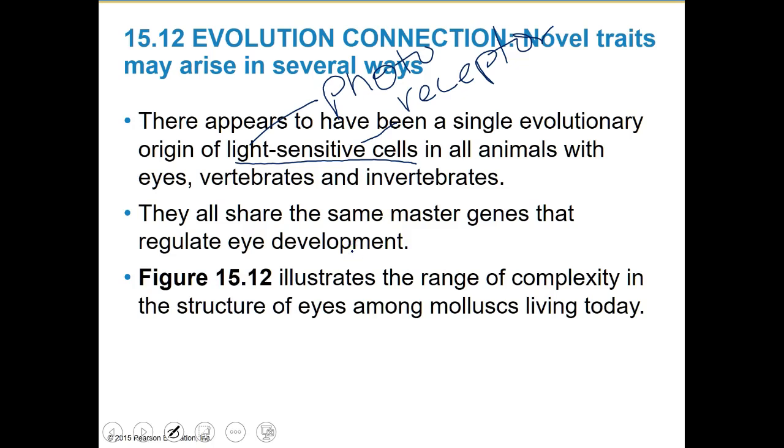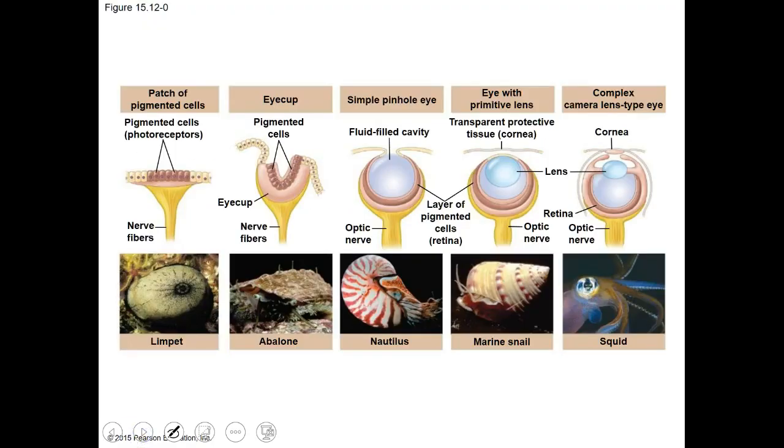So we can see sort of what happens here, and you don't have to write all of that, but it's just fascinating stuff. Here are the original photoreceptors, like these particular cells could receive and understand light. But then over time, you end up with an eye cup that you would see in abalone, and then it becomes a little bit more fluid-filled with a pinhole that we would see in nautilus and a marine snail.